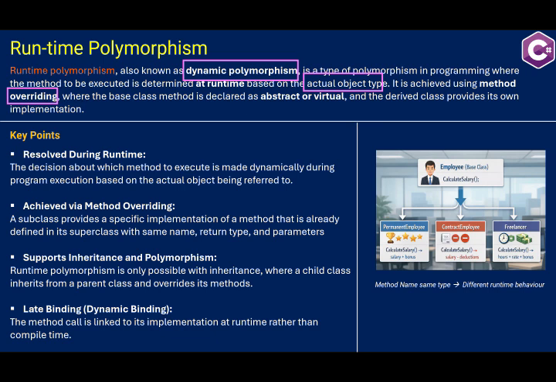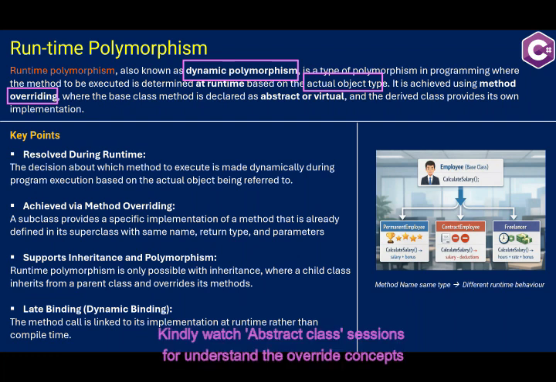Method overriding we already did in an earlier session on abstract classes. In the abstract class, whatever abstract methods we declared, we overrode those methods in the derived classes. That concept is method overriding, and runtime polymorphism is the best example of it.